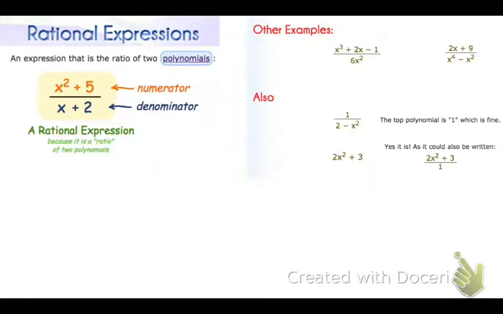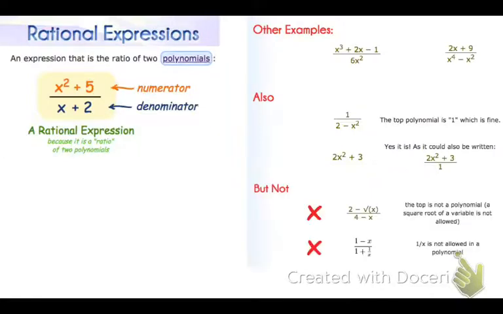Okay, so these are all examples of polynomial expressions. And notice this one, you can always write a polynomial expression over 1. You can always write whatever you have over 1. And these ones are not polynomial expressions because this one has the square root of x, that is not allowed.